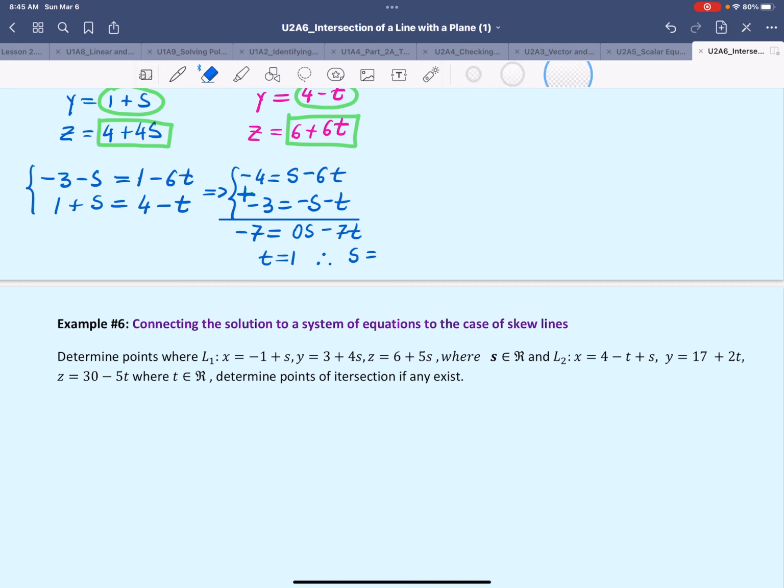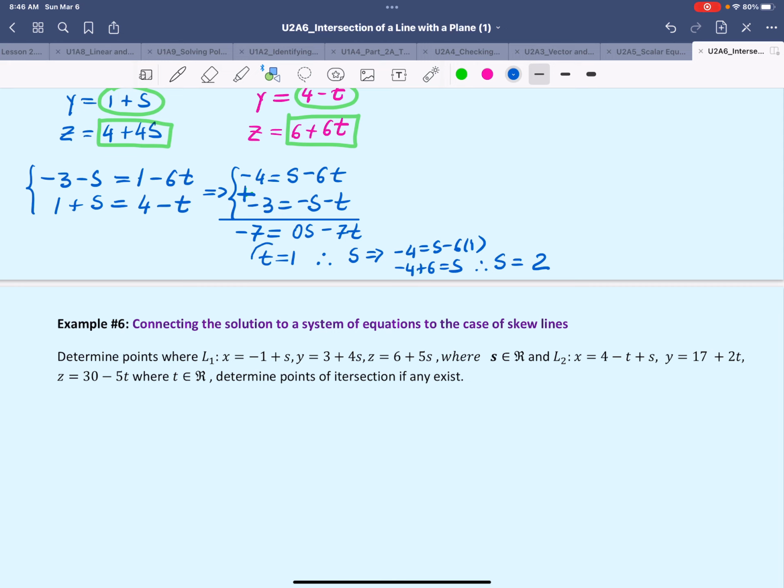So I'm going to choose equation 1 for it, and we'll have negative 4 equals s minus 6 times 1. Negative 4 plus 6 equals s, which will make the s value equal to positive 2.